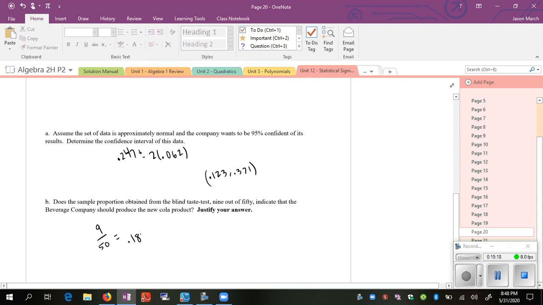We already know our answer is going to be either yes or no, but more importantly, the justification is because it is in the confidence interval. 0.18 is inside the confidence interval. So we're going to say because it is within the confidence interval.